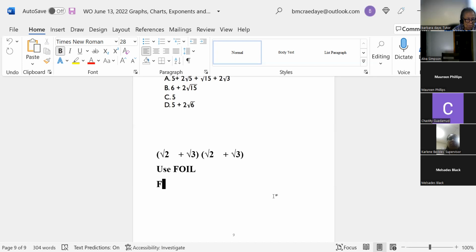Oh, yeah, I'm not getting used to calling this name yet. Yeah, you got to call them right. Remember I said 2 is not the same as square root of 2. What do you see, Alba, as the first terms? A radical and a 2. Yeah, you see the square root of 2 and the square root of 2.